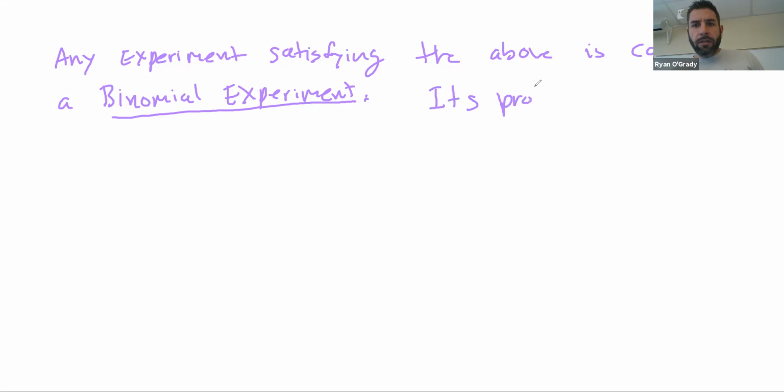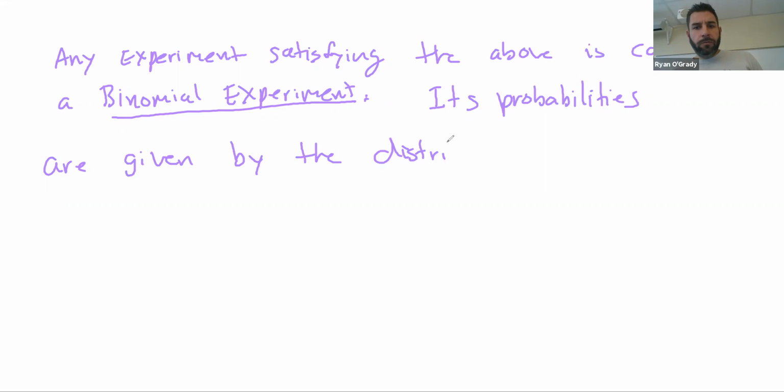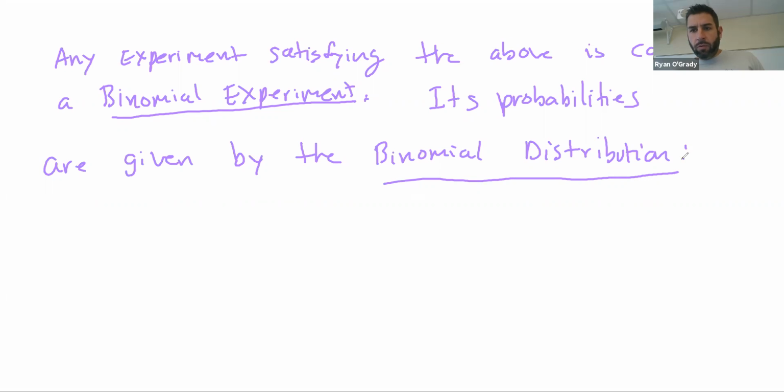Its probabilities are given by, this is going to scare you for a second, the binomial distribution. And this is big shorthand for all the stuff we've been doing to this point.